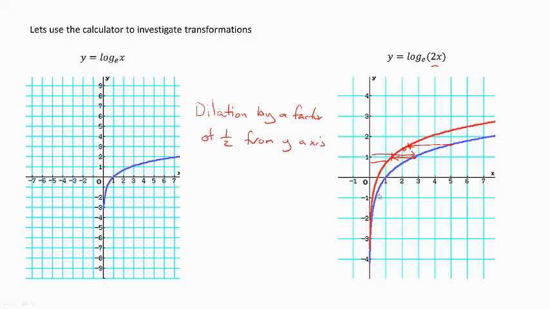And you can look down here as well, and you can see that this point is now moved to there. It's 1/2 of where it was before. So if you look at this, our original xy point here is now a half x, but the y coordinate stays the same.